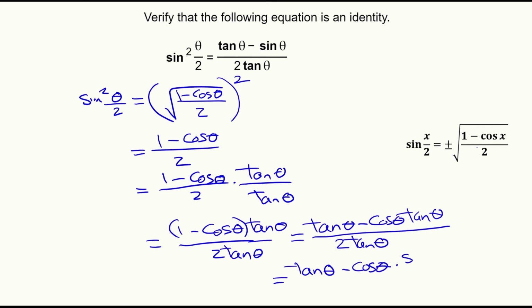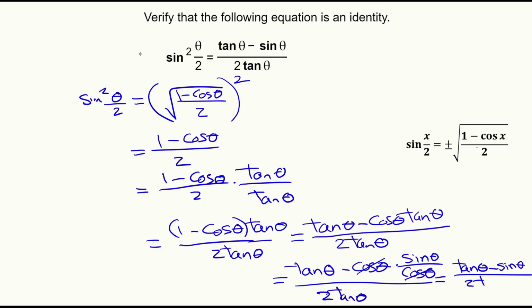Of course, we know tangent theta is sine theta over cosine theta, the whole thing over 2 tangent theta. So finally, we end up with tangent theta minus, these cancel out, sine theta over 2 tangent theta. And that's exactly what we wanted to show.